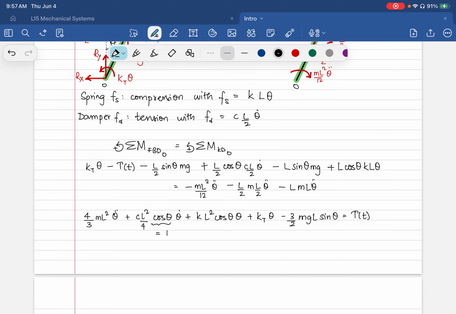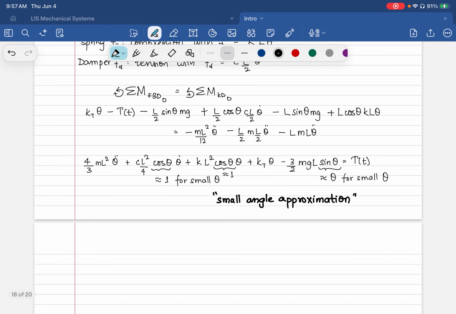I'm going to write cos theta equal to approximately 1 for small theta, and sine theta is approximately theta for small theta. This is the small angle approximation. Basically, for small theta, cos theta is approximately 1 and sine theta is approximately theta.